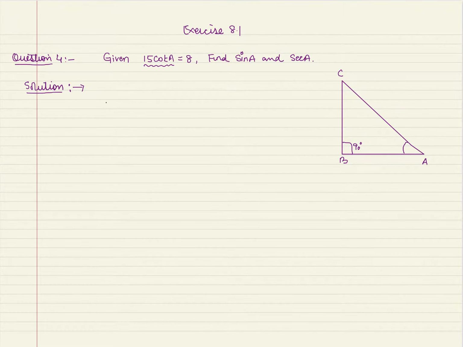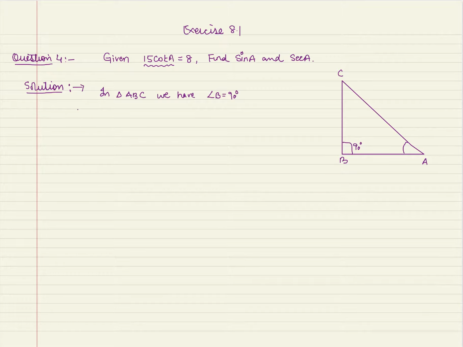So to start with, in triangle ABC, we have angle at B is 90 degree. All right.